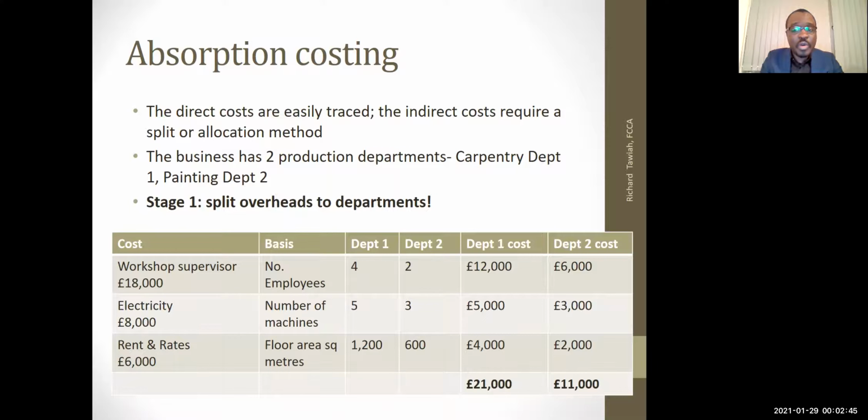What would they be doing more? It's labor hours. Carpentry is manpower. The painting department, what would we use more? Machine. So we can say that the basis upon which we will absorb these should be labor hours for carpentry and machine hours for painting.